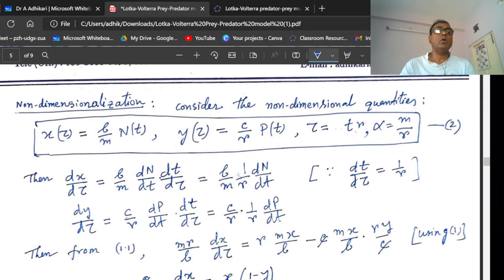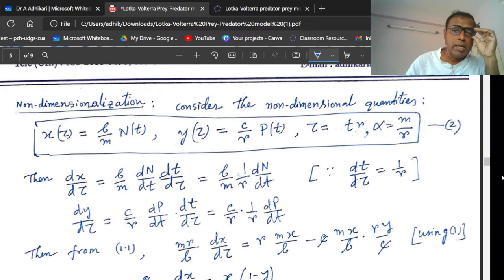Now we non-dimensionalize system 1, the Lotka-Volterra model. For this non-dimensionalization, assume x(tau) equals b by m times n as a function of t, y(tau) equals c by r times p as a function of t, tau is equal to t into r, and alpha equal to m by r.